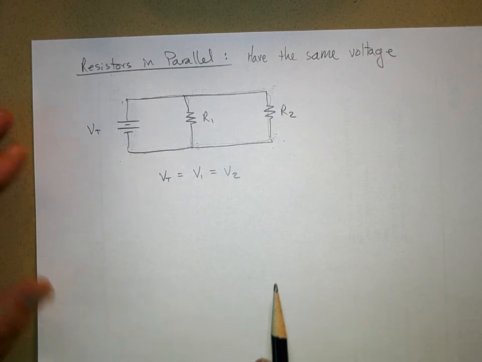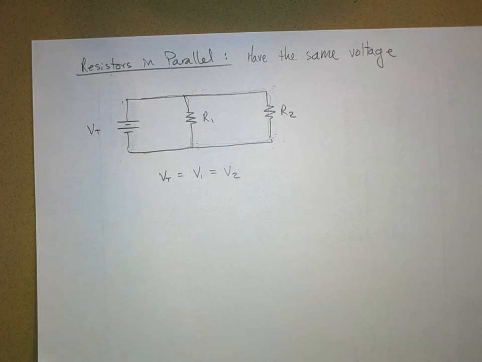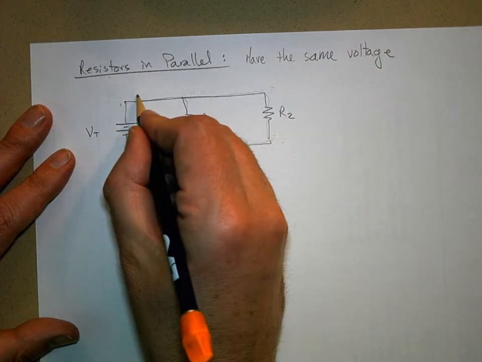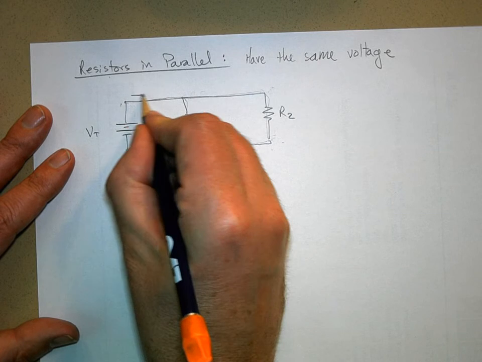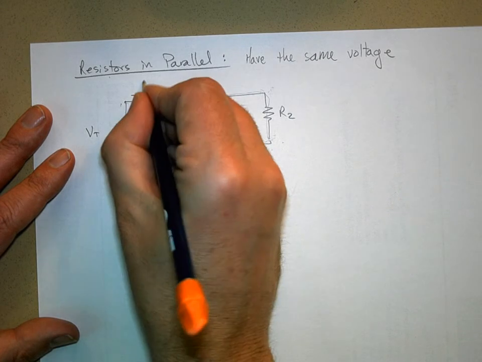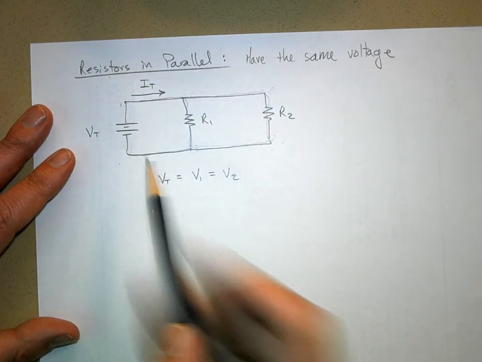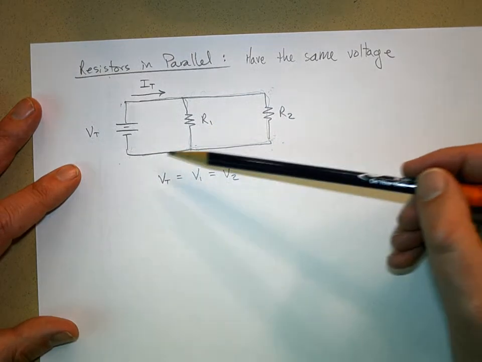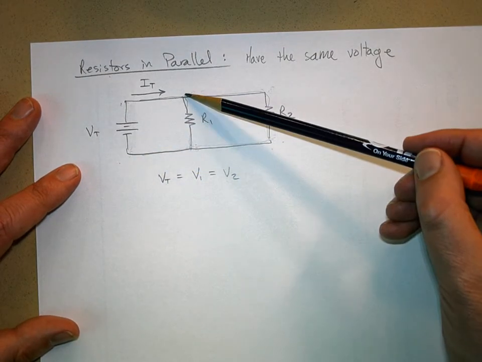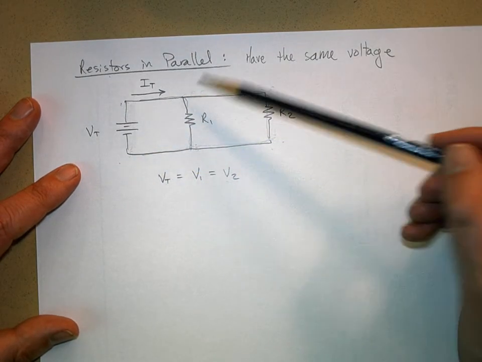But here's the thing, and this makes total sense. What I'm about to do, it really does make sense. If you've got current flowing through this, we'll call this I sub t, the total current delivered by the battery to the whole circuit. Well, what happens right here?